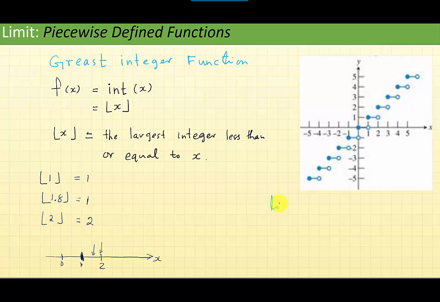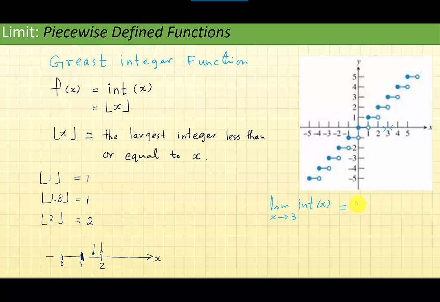Now suppose we want to find the limit as x approaches 3 of integer x. As you see, as x approaches 3 from the left side, its value is 2. As x approaches 3 from the right side, the value is 3.